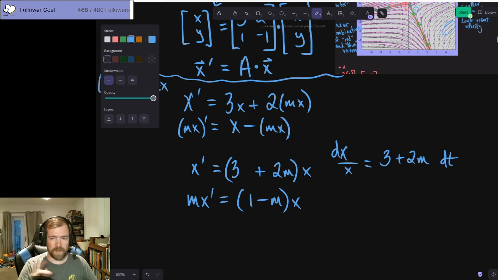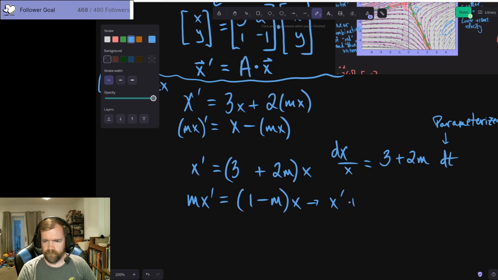This is just going to be an exponential solution, because we have a function whose derivative is itself times a constant. And so this is your e to the kt solution. So we could go about it either way.